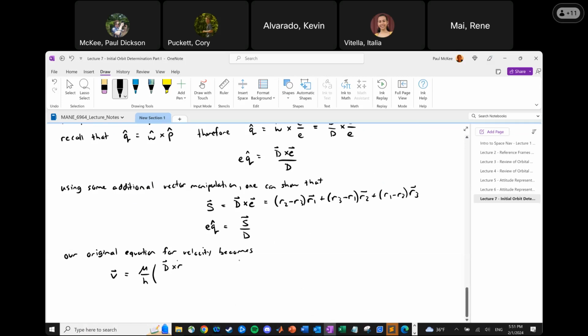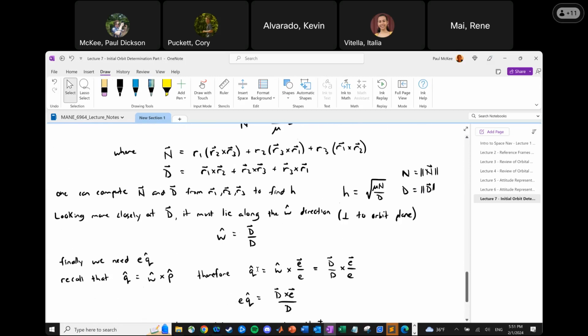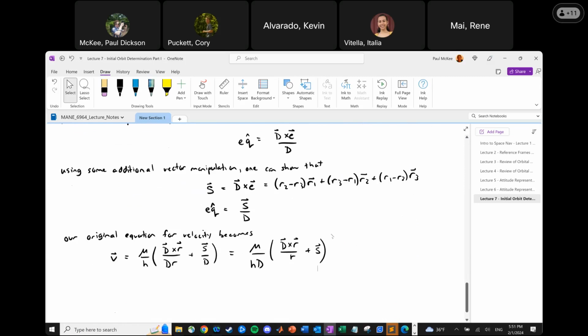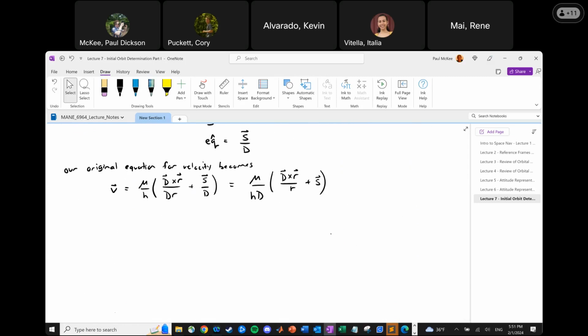D crossed with R over D R plus S over D. Or we could do some factoring. That's mu over H capital D, D crossed with R over R plus S. But still not quite there. This mu over HD, I'm not quite sure I love that. So remember that H, if we scroll up here, H is square root of mu N over D. So if we do a little bit of substitution, I'm just doing this to clean up our equation here.